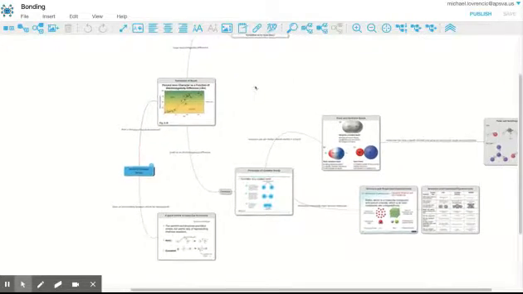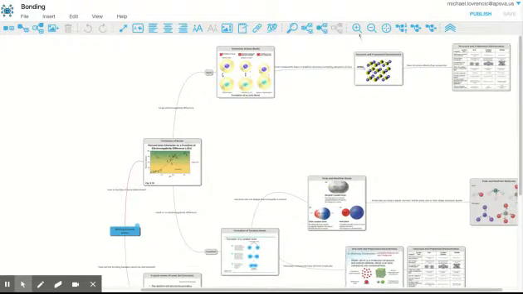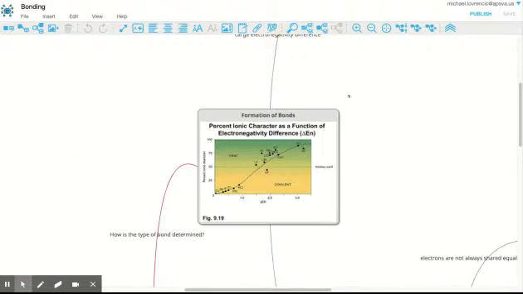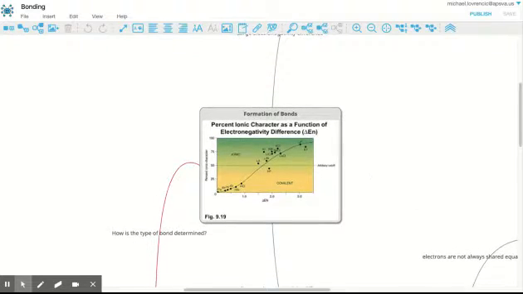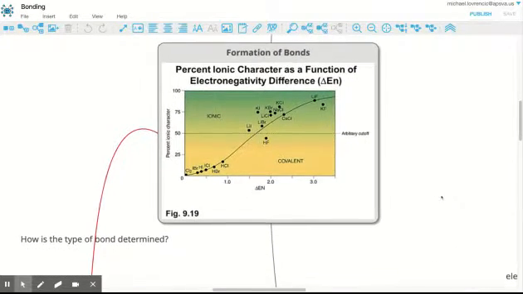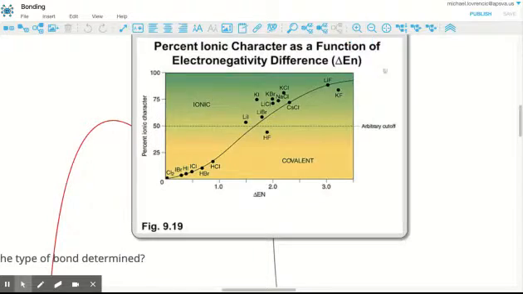As we talk about bonding, the one thing that determines the type of bond that's going to happen, and whether or not you're going to get an ionic bond or a covalent bond, is the electronegativity difference. Let me make this bigger. That bond type is formed by looking at the difference in electronegativity.